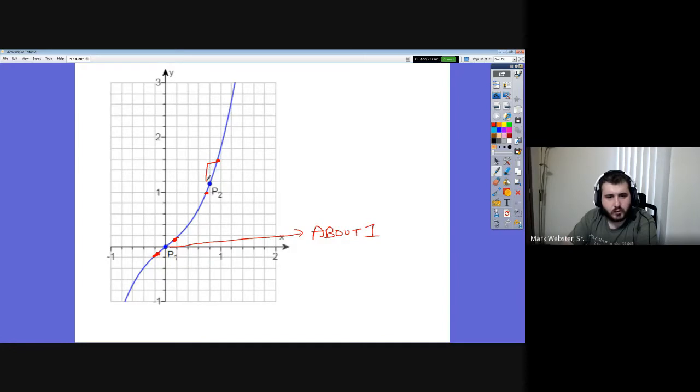And again, what we're doing here is we're taking the slope of a tiny little line, 2 points on this line, and approximating, right? Our goal eventually is to get these 2 points closer and closer to each other. Same thing here.